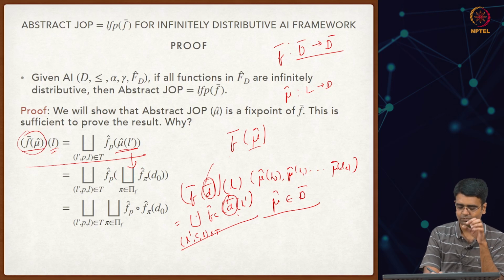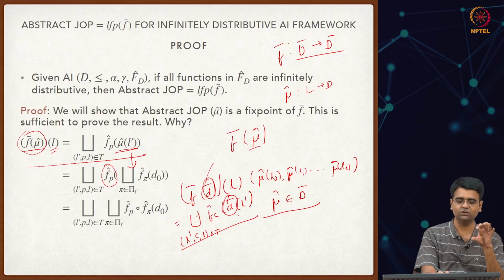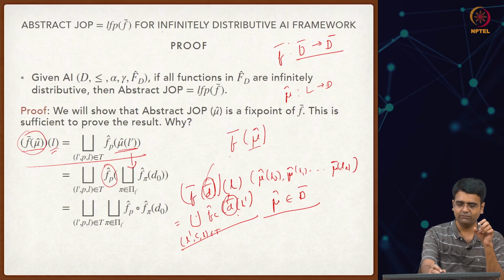Now here is where I use the fact that this f hat p is the abstract transfer function of the program command p. This is distributive. In fact it is infinitely distributive, because all abstract transfer functions are infinitely distributive. So instead of applying the function over a join, since f hat p is infinitely distributive, it is going to distribute over the join.